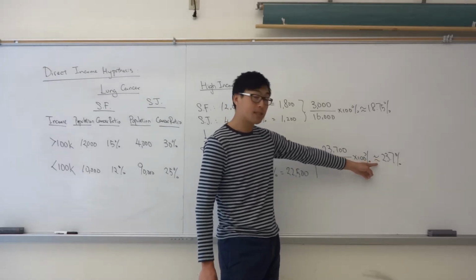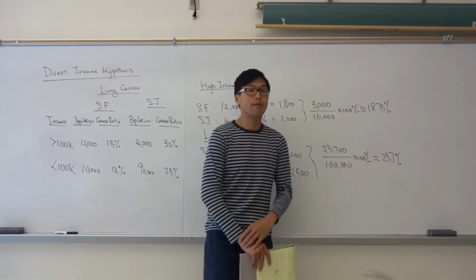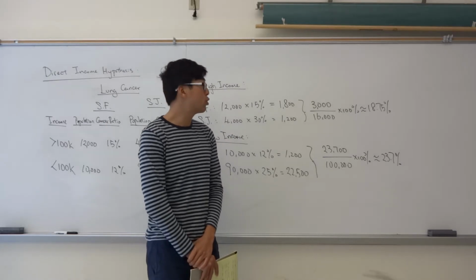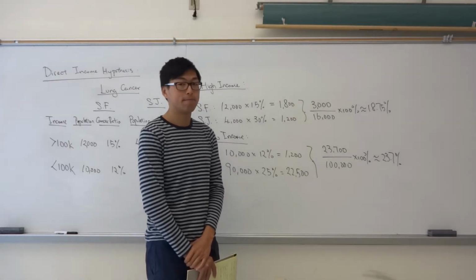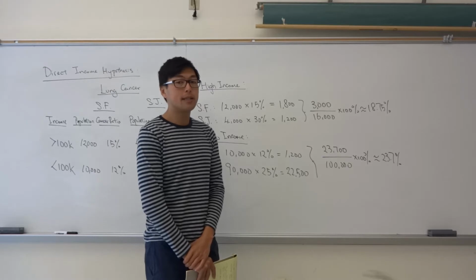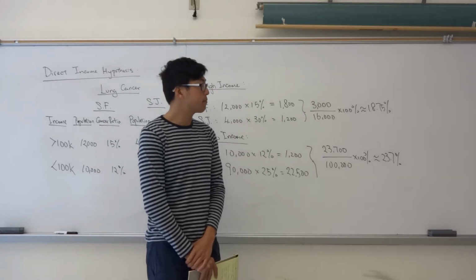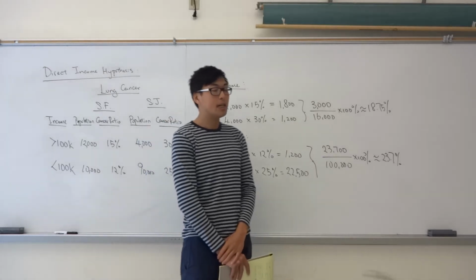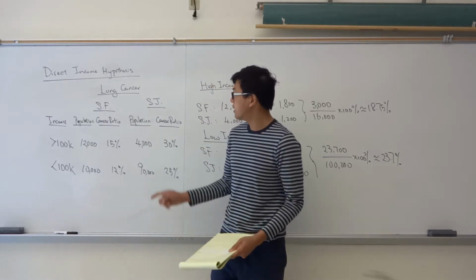Finally, we get the true cancer ratio for the low-income population. It's actually 23.7%.